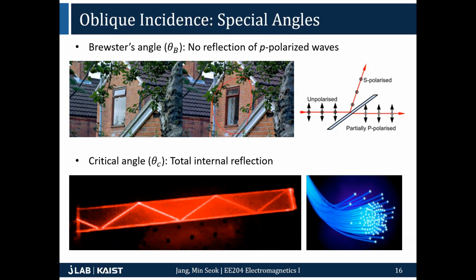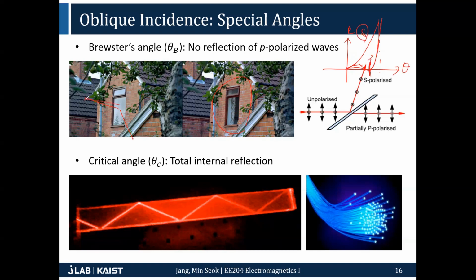Okay, and then how to see through? The key point is realizing that in oblique incidence reflection, S wave and P wave have this type of form, right? You remember. So S wave is always reflected more than P waves.